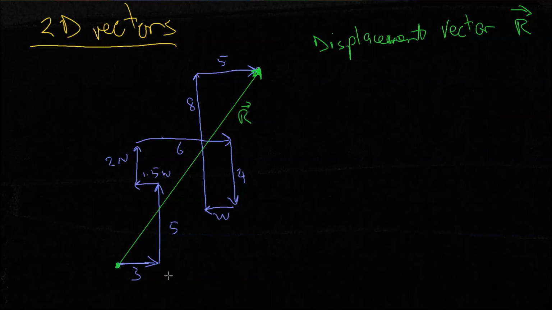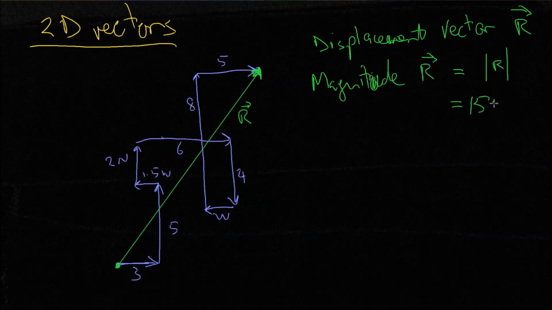And you can see all we've done is we've gone from the very first tail to the very last head. And if you were to draw all those on your paper again with your ruler to your scale, then in the end you would work out that the magnitude of r, which we write this way, you would measure that to be about 15.2 kilometers.